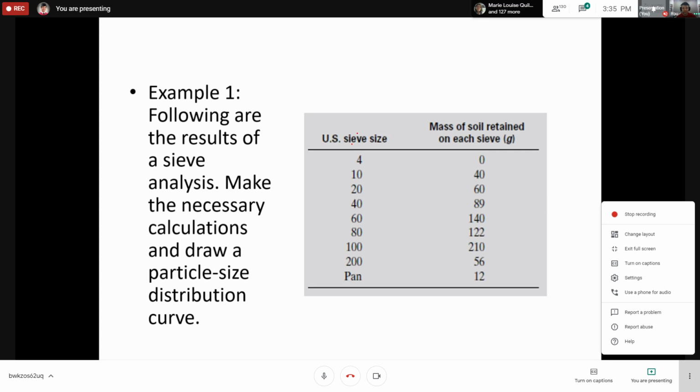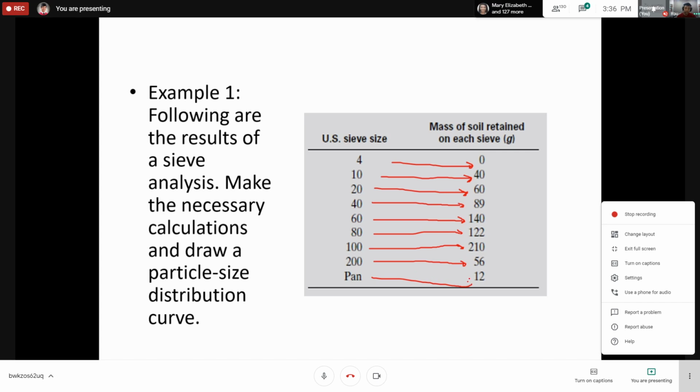In the laboratory, the first step has usually already happened, so you already know the different masses retained in each of the sieves. If you are the one who did the experiment, you are the one who determines these by weighing in the laboratory.